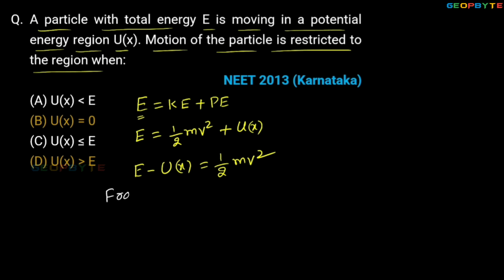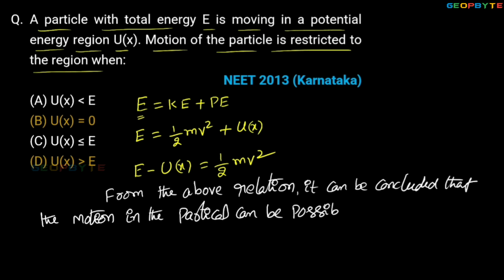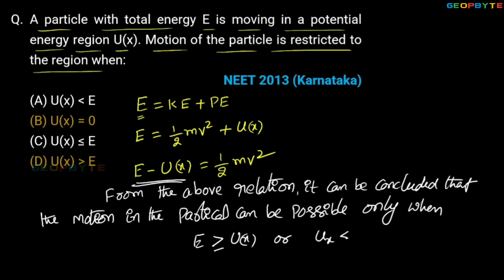Let me read. From the above relation, it can be concluded that the motion of the particle can be possible only when E is greater than or equal to U of x, or U of x is less than or equal to E. Look at option C. Option C is absolutely correct.